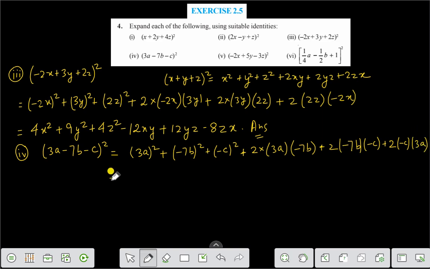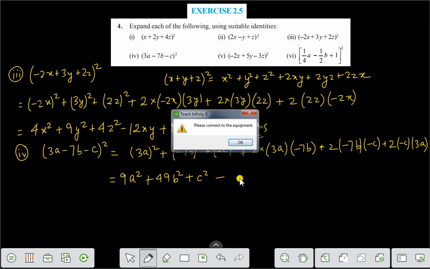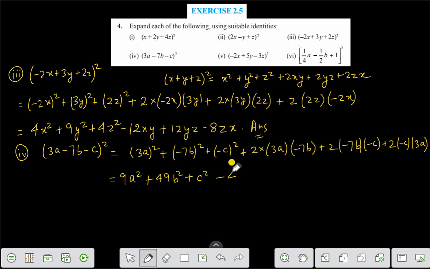Therefore, we are getting 3 into 3 is 9a square, minus into minus is plus, 7 into 7 is 49b square, minus into minus plus c square, minus 3 into 2 into 7 is 42ab, minus into minus is plus 7 into 2 is 14bc, minus 3 into 2 is 6ac.